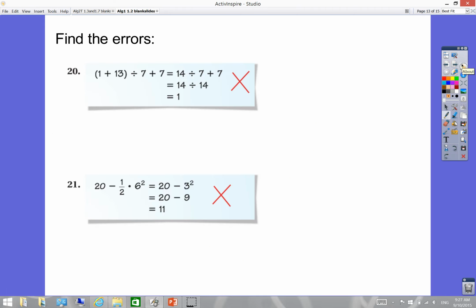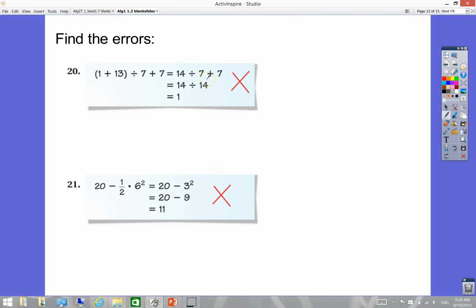Okay, find the errors in these two problems. Again, if you want to pause, you can pause, but I'm going to go ahead and talk about it now. Let's see, they went to the parentheses first, did 1 plus 13. That's correct. What should they do next? Let's see, there's a division and there's an addition.